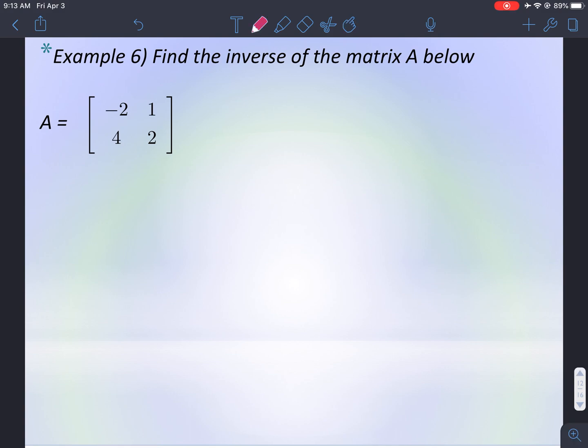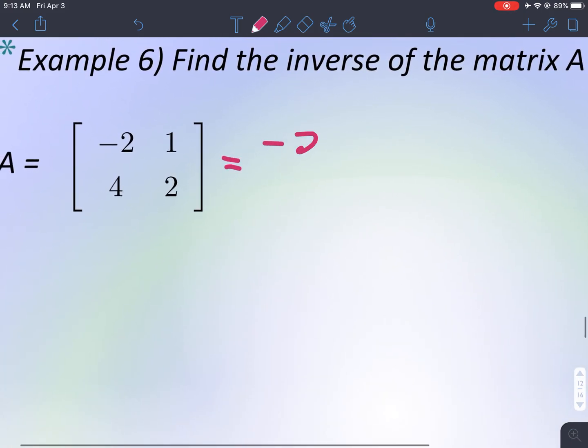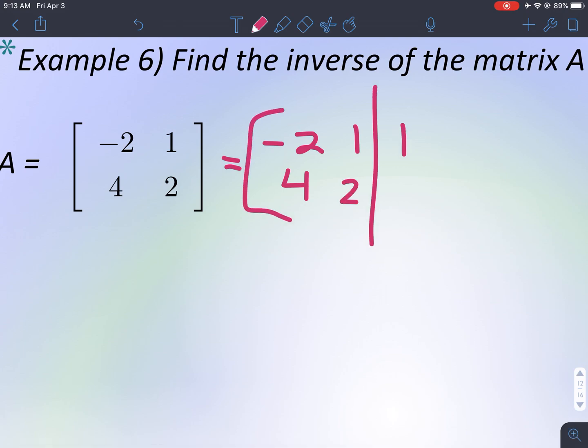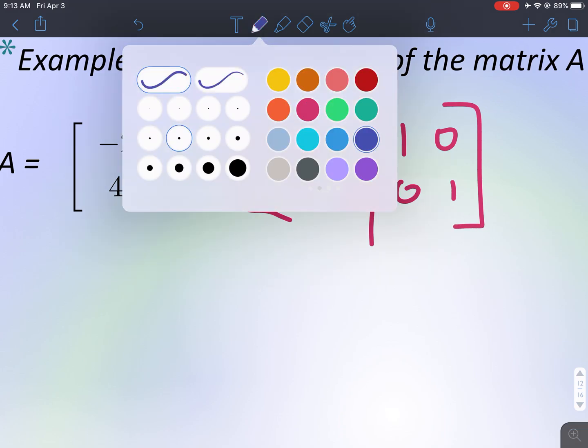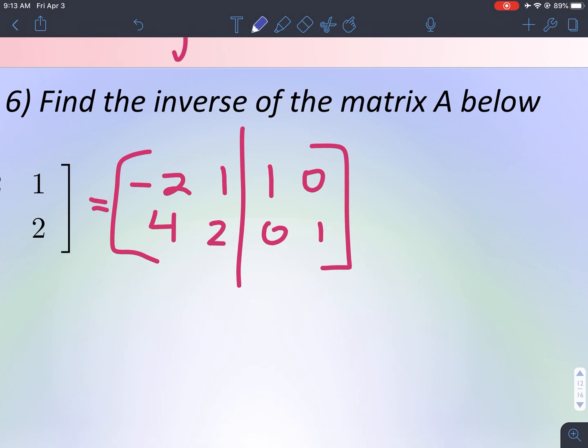Find the inverse of the matrix A below, with entries -2, 1, 4, 2. Here we go. I am going to multiply the first row times -1/2.